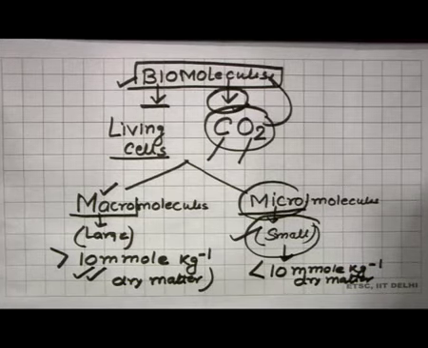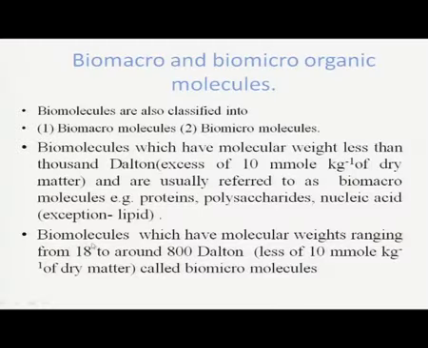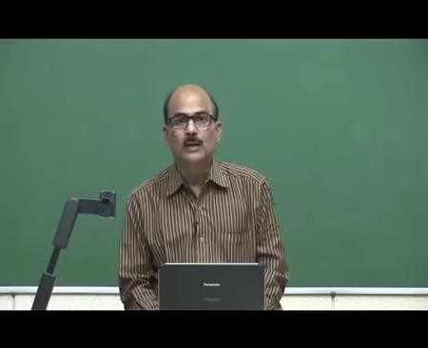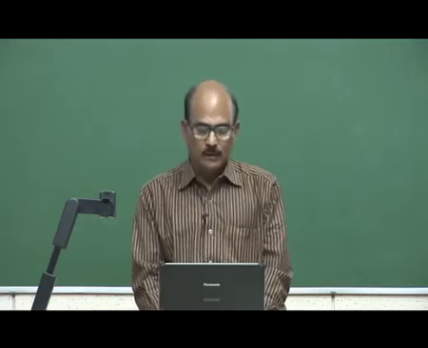So, we can easily define that a biomolecule which has molecular weight ranging from 18 to around 800 Dalton, less than 10 mmol per kg of dry matter, is called a biomicromolecule. So, we can easily differentiate between biomacromolecules and biomicromolecules.